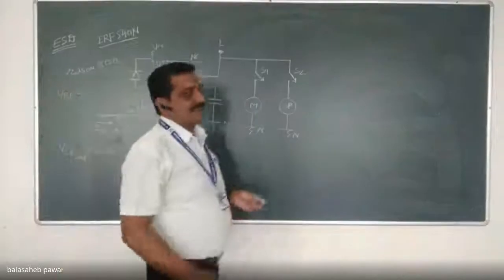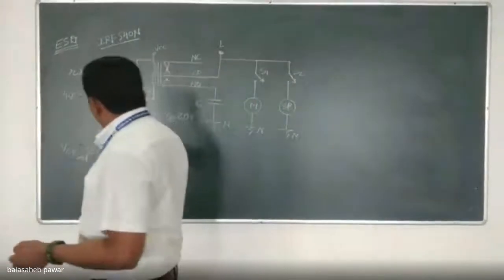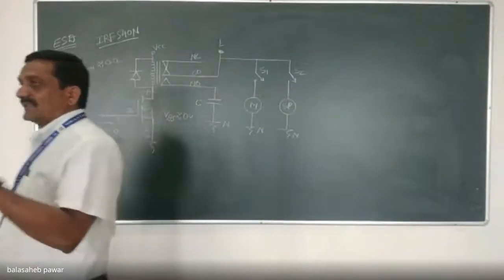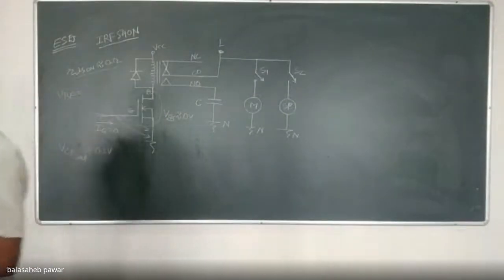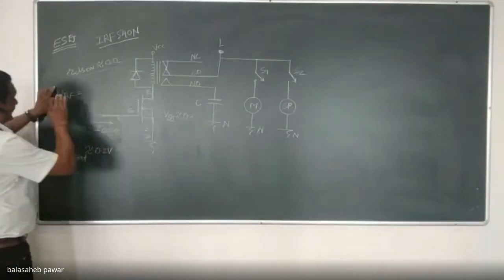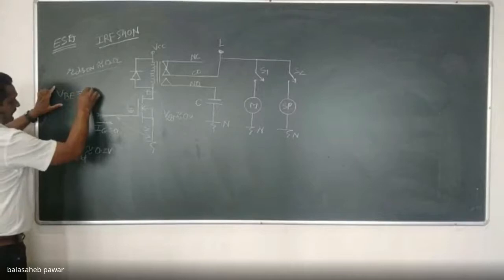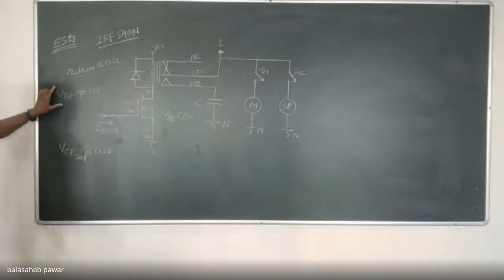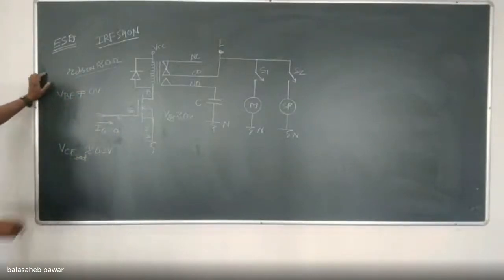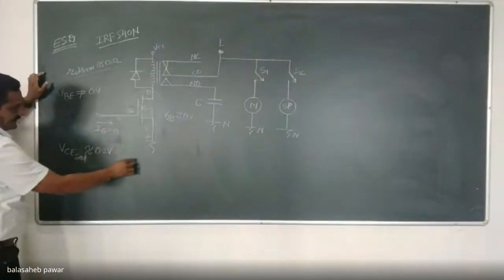Yes or no? Current flows through the transistor, that is IB, and as there is a resistor, across that resistor also there will be a power drop. That means we can say that VBE of the BJT will not be equal to 0. Do you agree with this? As there will be a flow of current at the input side of the BJT.